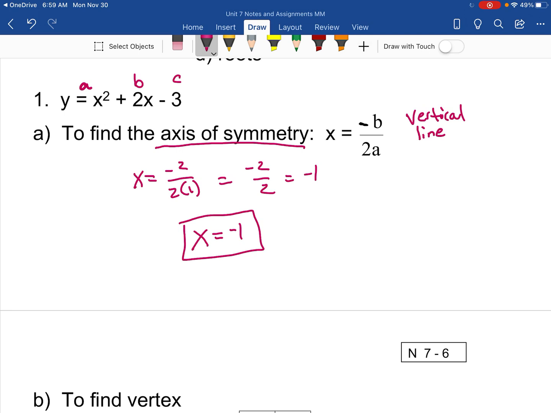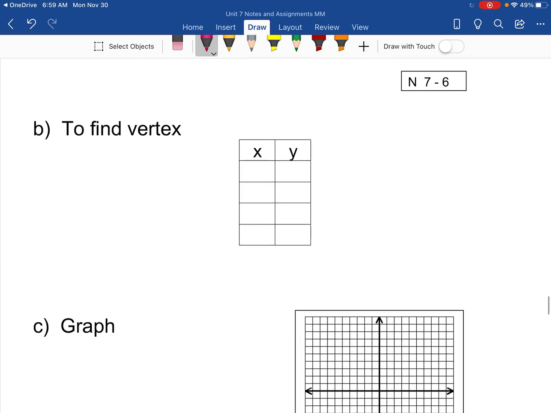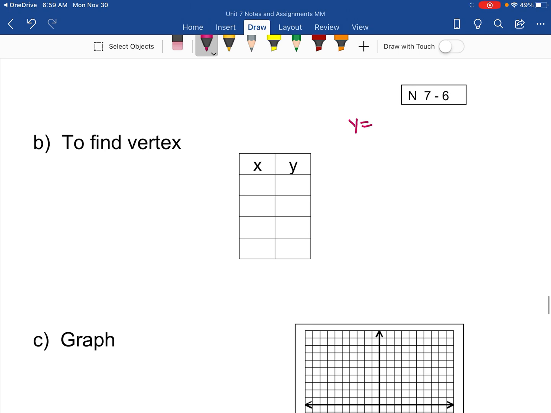Then we're going to find the vertex. To find the vertex, we plug the x-coordinate of the axis of symmetry into the equation. My equation was y equals x squared plus 2x minus 3. We need to figure out what y is when x is negative 1, because the axis of symmetry was x equals negative 1. So I'm going to plug negative 1 everywhere there's an x.